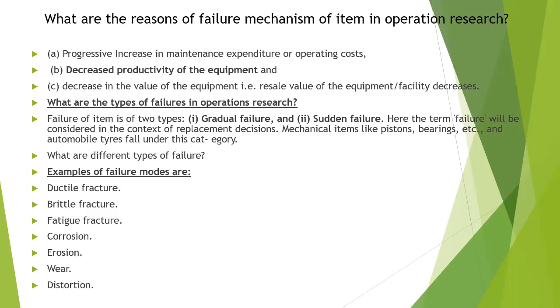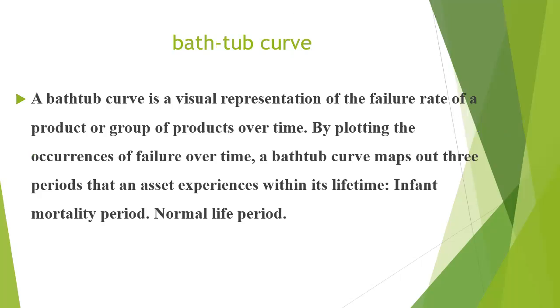Examples of failure modes are given here: due to heavy use or heavy loads, sometimes machine fatigue may be the cause, or sometimes their time is over and they are expired, or such things cause the failure of the equipment, so we have to change them. The terminology bathtub curve: a bathtub curve is a visual representation of the failure rate of a product or group of products over time.